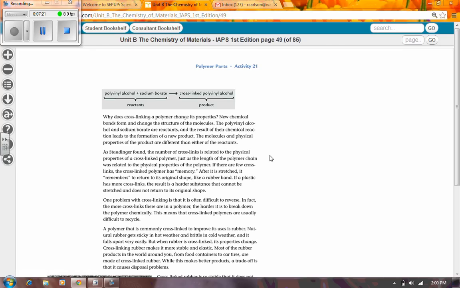If a plastic has more cross-links, the result is a harder substance that cannot be stretched and does not return to its original shape. One problem with cross-linking is that it is often difficult to reverse. In fact, the more cross-links there are in a polymer, the harder it is to break down the polymer chemically. This means that cross-linked polymers are usually difficult to recycle.